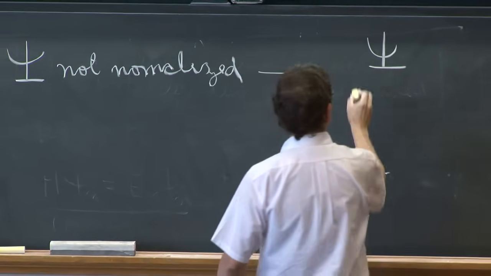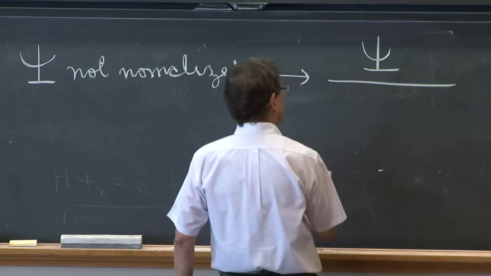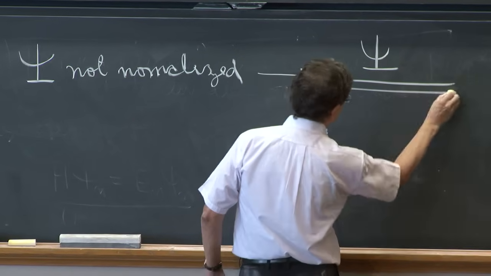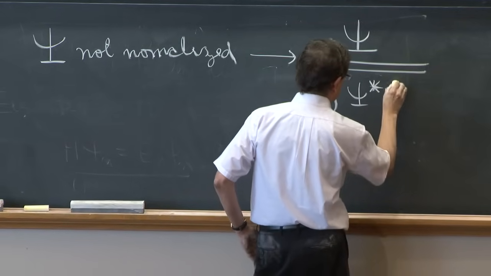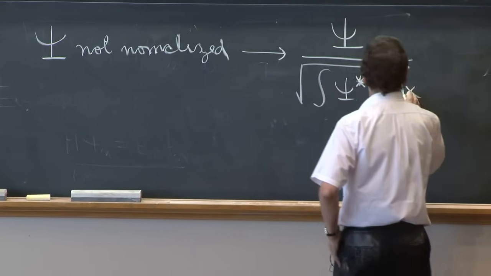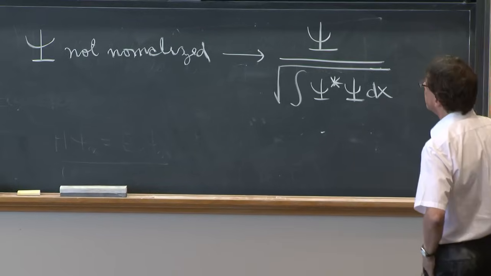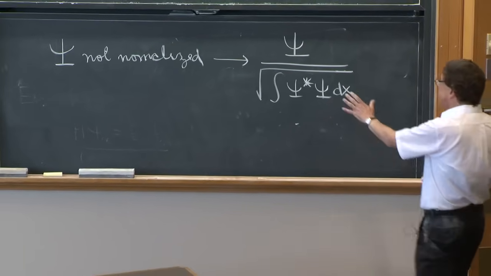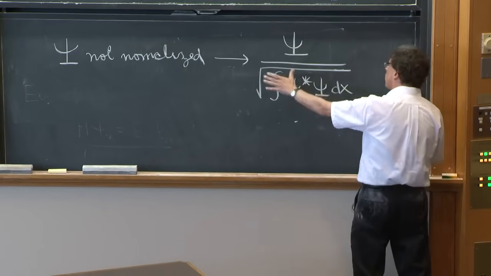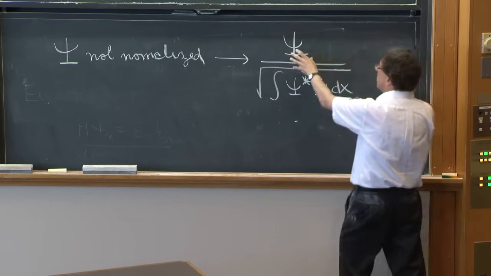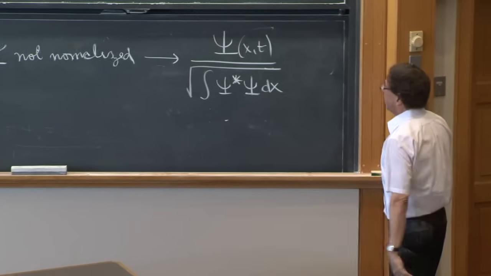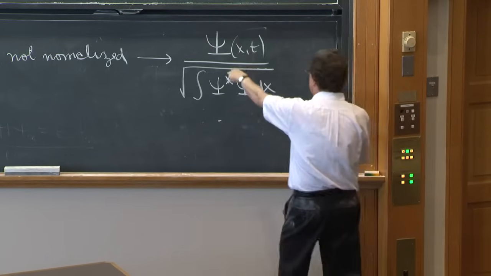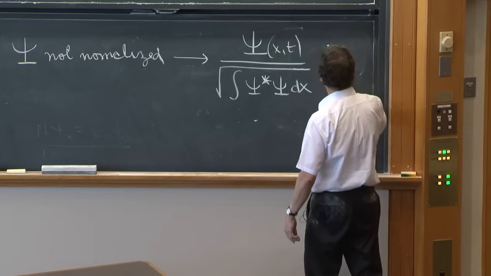The normalized wave function is psi divided by the square root of the integral of psi star psi dx. You see, this is a number, and you take the square root of it. And this is psi of x and t. If psi is not normalized, this thing is normalized.